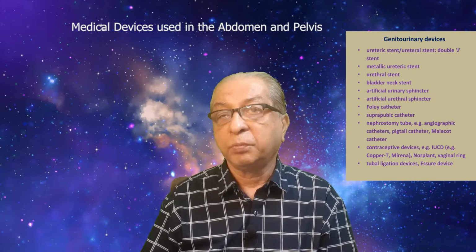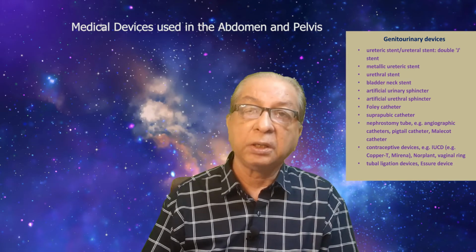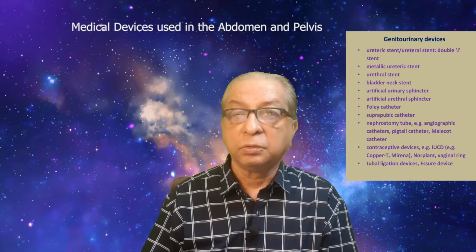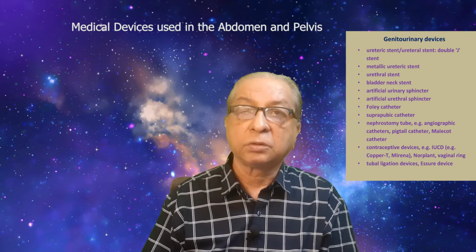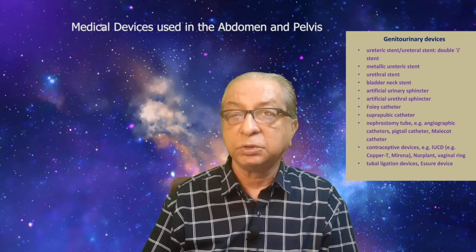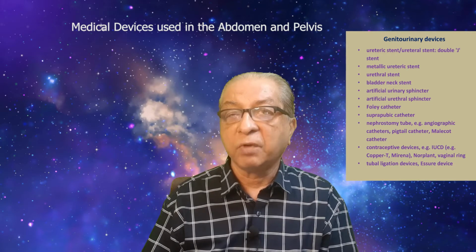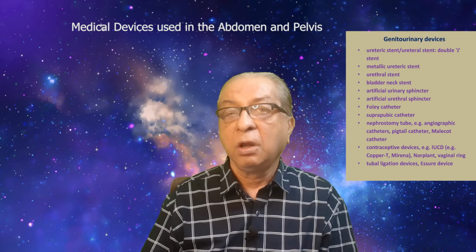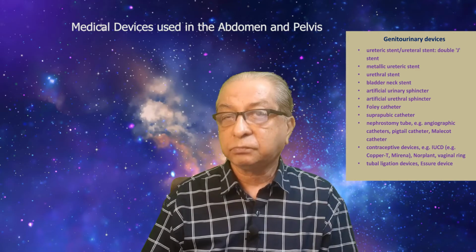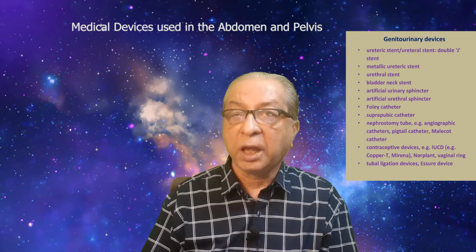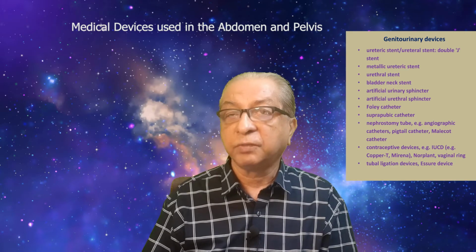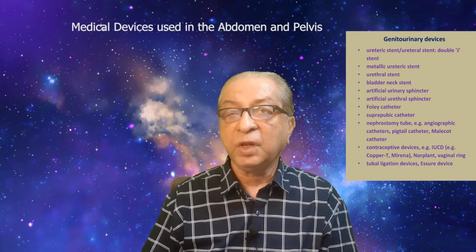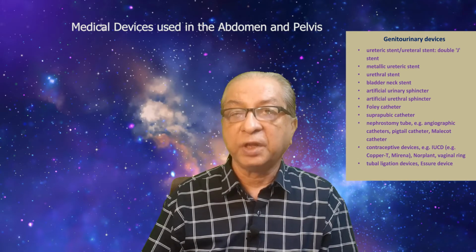So the devices used in this area may not be very common. Anybody who has doubts about the use of these devices, especially for preventing or getting pregnant, has to consult their own doctor, and should not use them without the doctor's consent, on the advice of their friends.